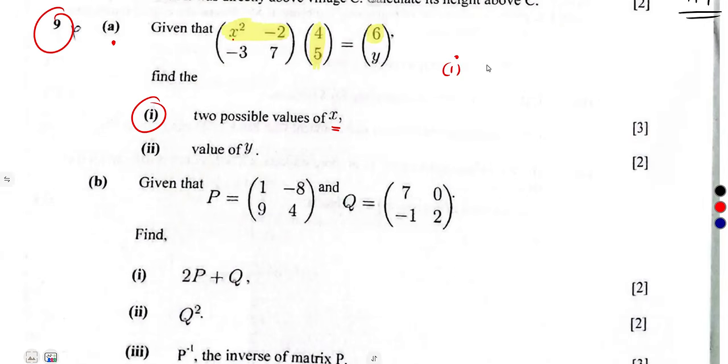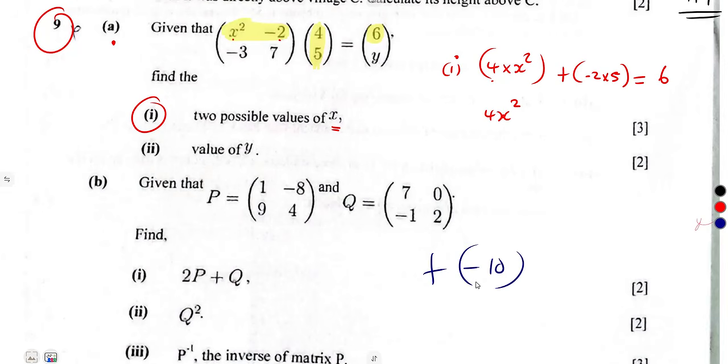x times 4, that's 4 times x squared, plus negative 2 times 5, is equal to 6. You have formed an equation. 4x squared plus negative 10, which is equal to 6.